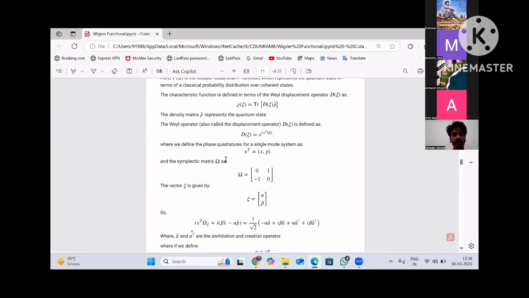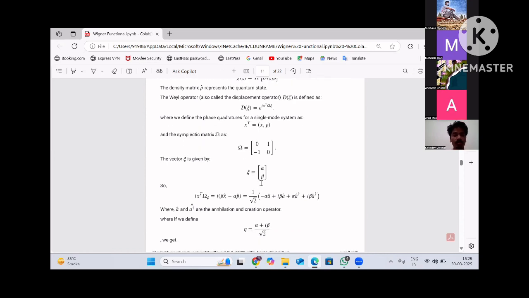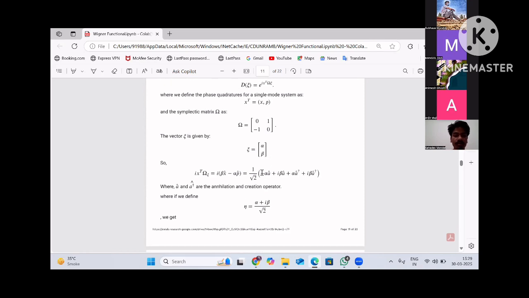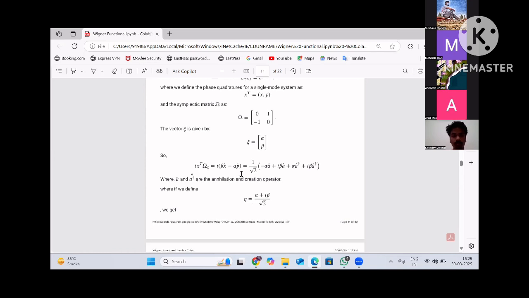You can write the symplectic matrix for a single mode by this matrix, and the phase space vector by alpha and beta. Putting that in the equation, you find this is i beta x cap and alpha p cap in the quadrature operators.